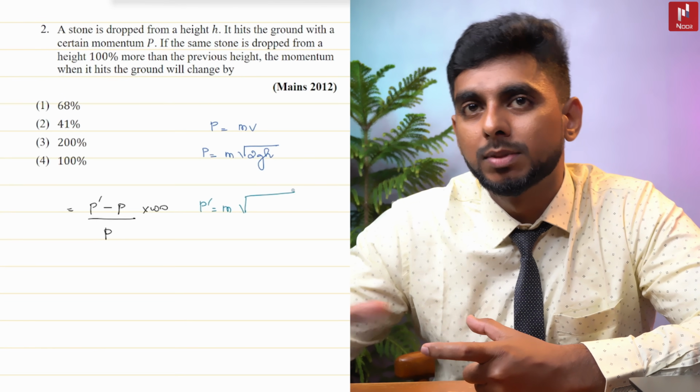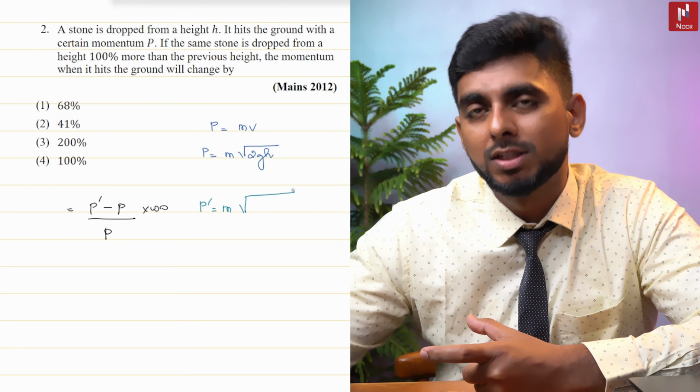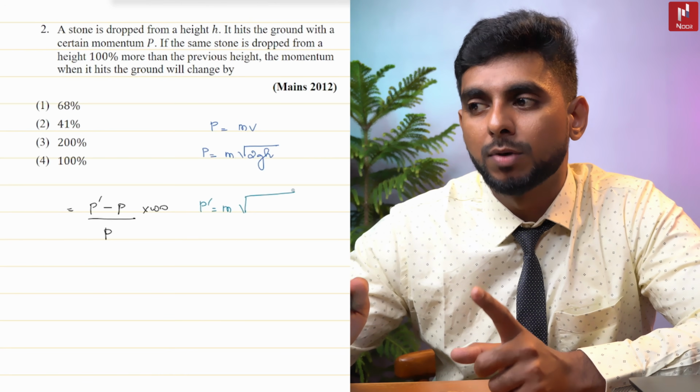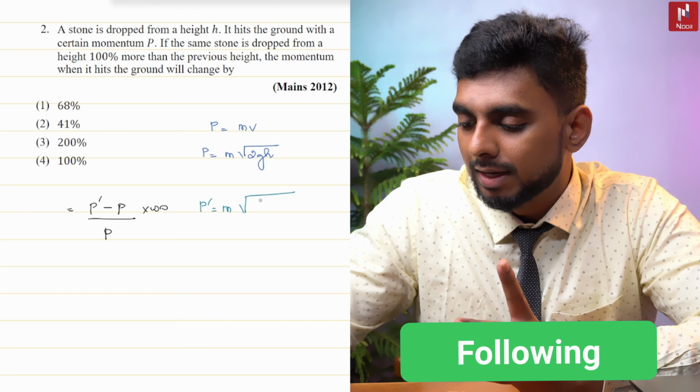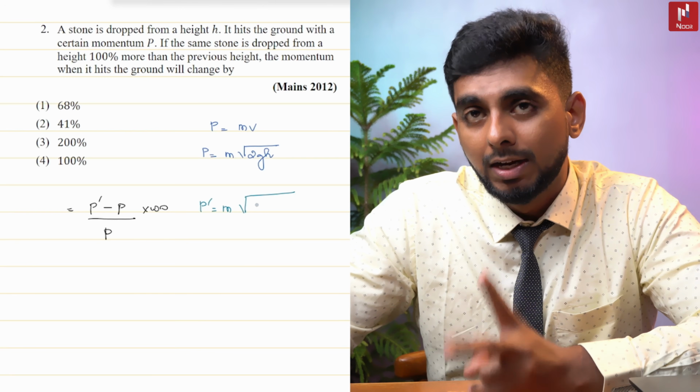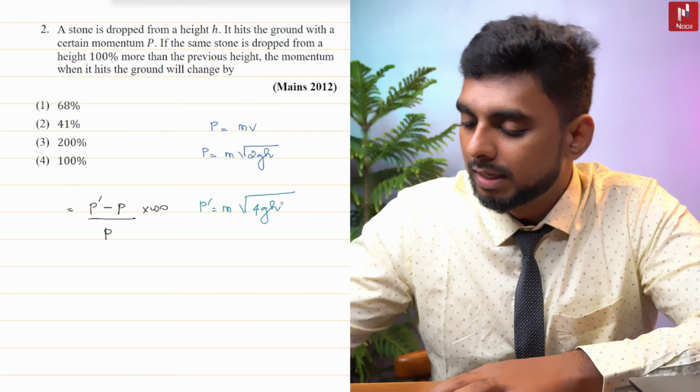That's what is meant by 100% more, right? If it was 50% more, that will be 1 plus 0.5, which gives me 1.5. Here it is 1 plus 1, so that is double the times, right? So you will have 2g into 2h, which will be 4gh, right? You should be clear with this stuff.